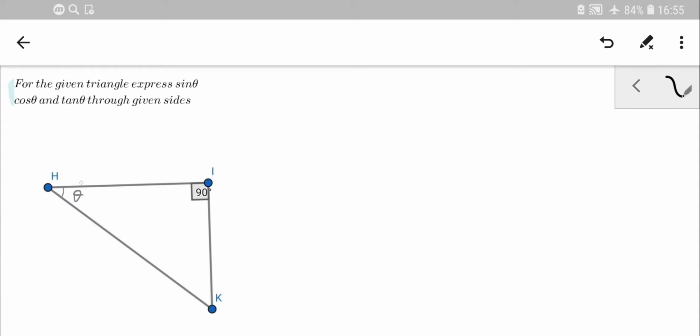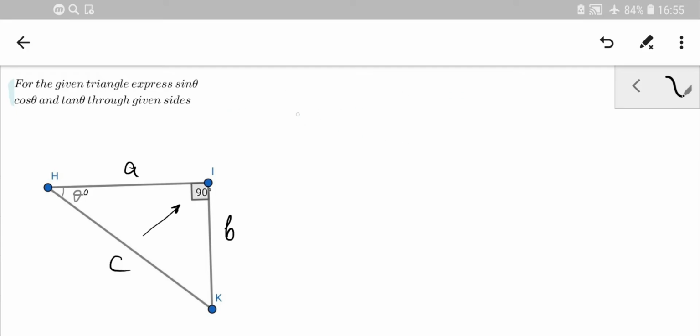Because this is the angle theta, I mark C here, that will be the hypotenuse, opposite to 90 degrees, right? That's the key place. Next, the opposite side I put B, and for adjacent, I put A. So A logically stands for adjacent. All right, so we label all the sides.